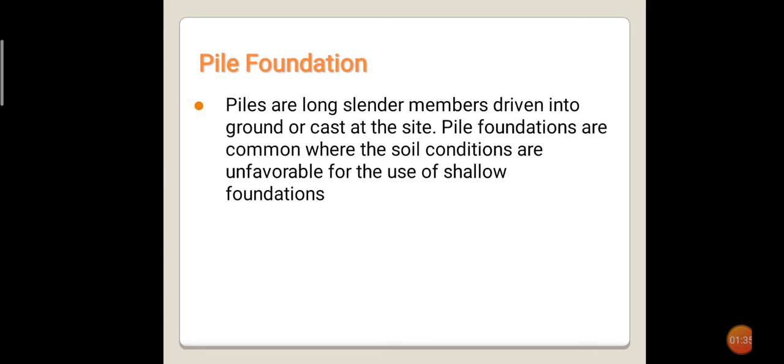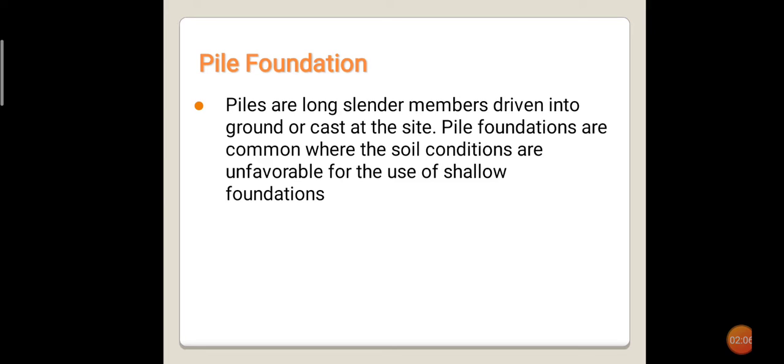Normally this kind of foundation is used in building construction, in some situations. If the load of the superstructure is heavy, then we go for this pile foundation. Or if the load on the superstructure is uneven, then we move on to the pile foundation.